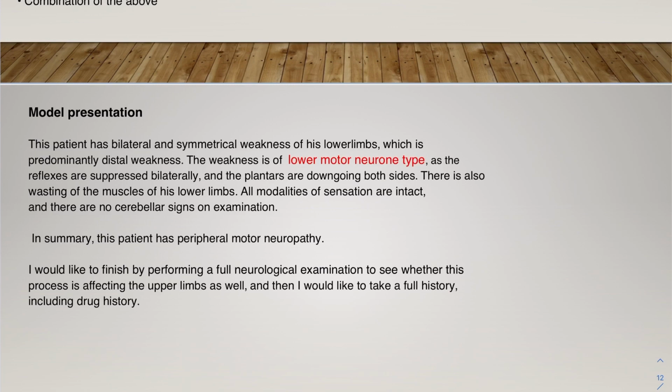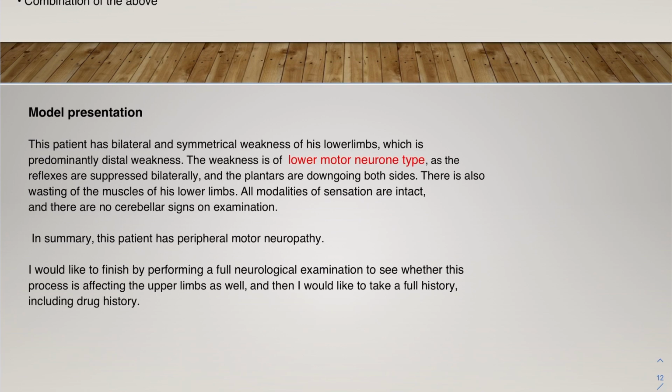The weakness is of lower motor neuron type, as the reflexes are suppressed bilaterally and the plantars are downgoing on both sides. And there is also wasting of the muscles of the lower limbs. All modalities of sensation are intact and there are no cerebellar signs on examination. In summary, this patient has peripheral motor neuropathy.